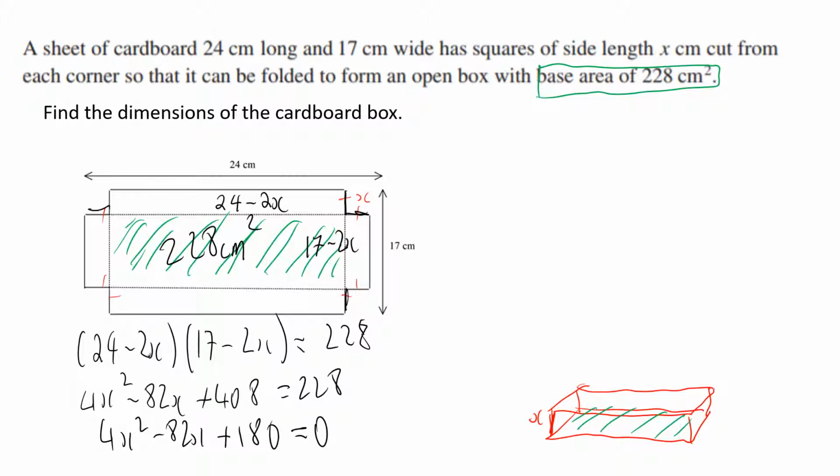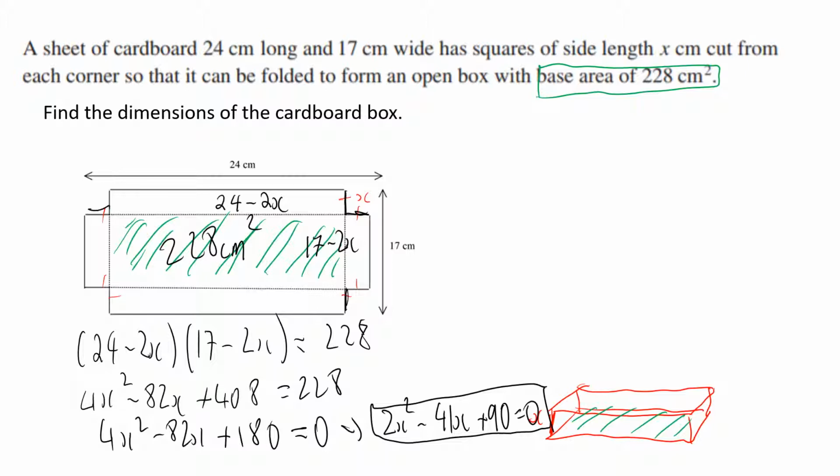Okay, and then of course dividing by 2: 2x squared minus 41x plus 90 equals 0. We're getting closer and closer. All right, the usual routine for solving equations. We're looking for factors of 2 times 90 that sum to 41. Okay, a bit of a challenge. I know that 9 times 10 won't get us there. So, what is that, 16 and 5?